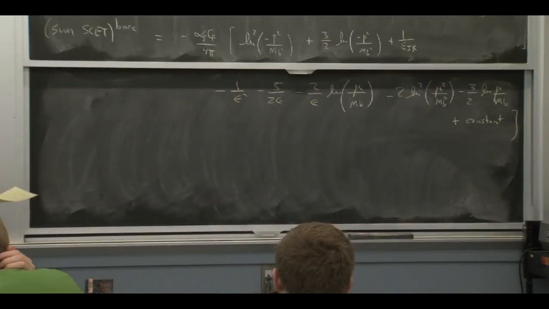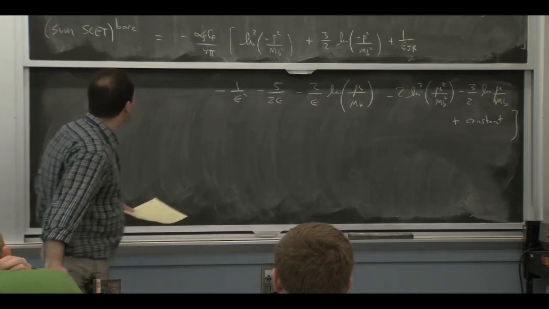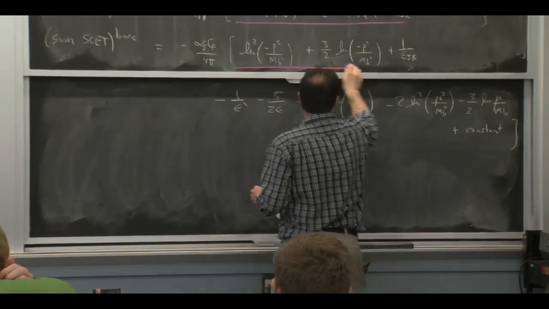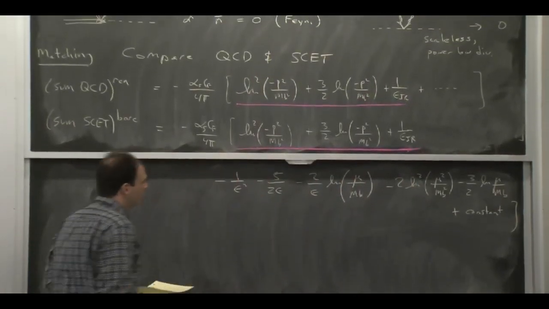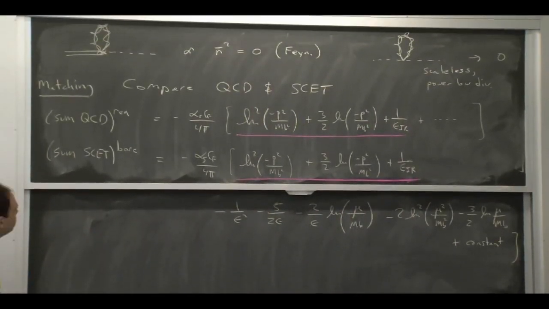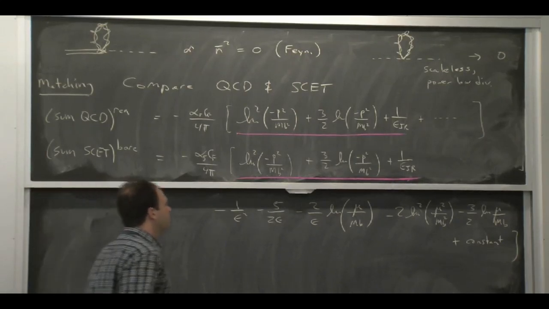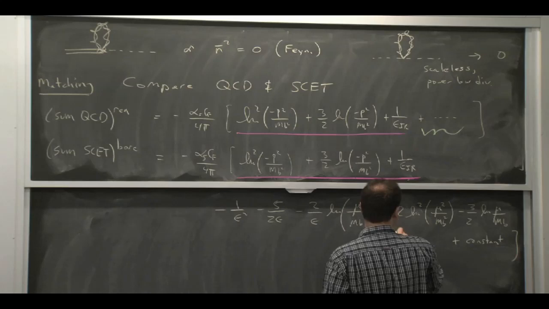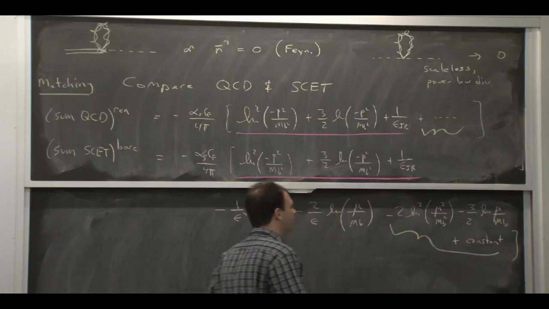So there's all the effective field theory terms. These terms here, we can match up with these terms here. So that's good. These terms here, which remember in the full theory were finite, and these terms here, which in the effective theory are finite, the difference of those is going to give the Wilson coefficient.